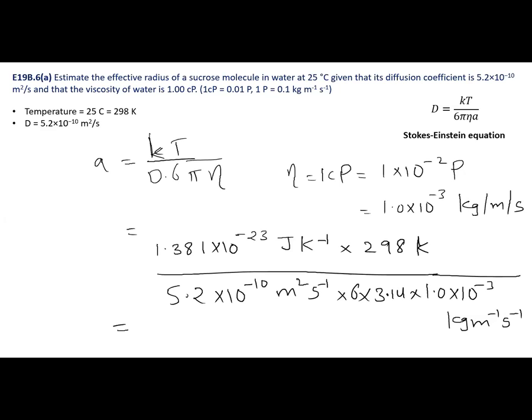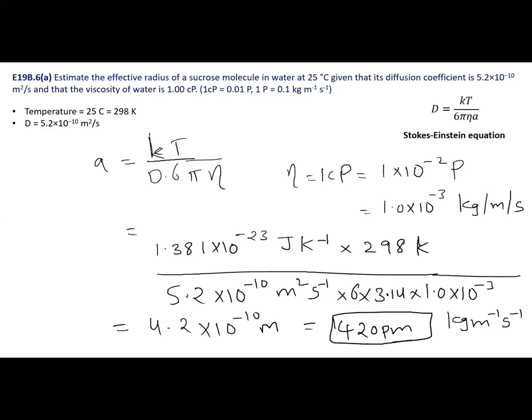Since you know all these values, you just need to plug in everything. Solve it, you should get 4.2 times 10 power negative 10 meters, or in terms of picometers is 420 picometers. So that's the effective radius of one sucrose molecule in aqueous solution.